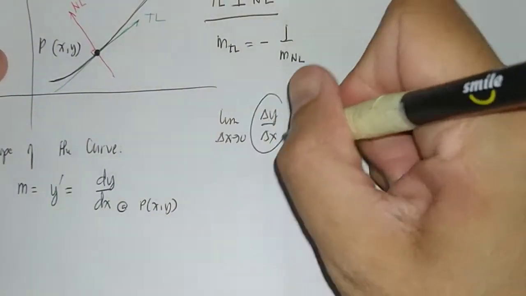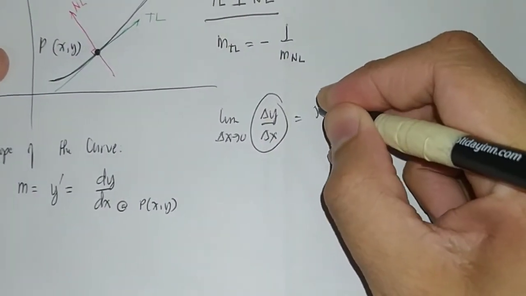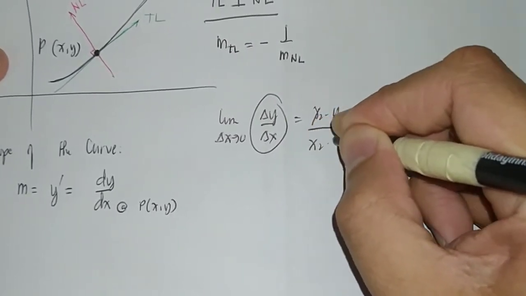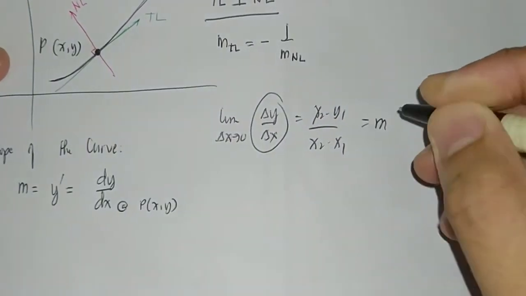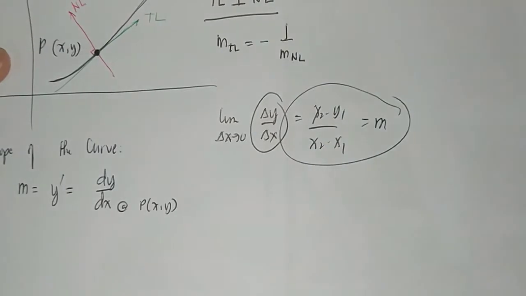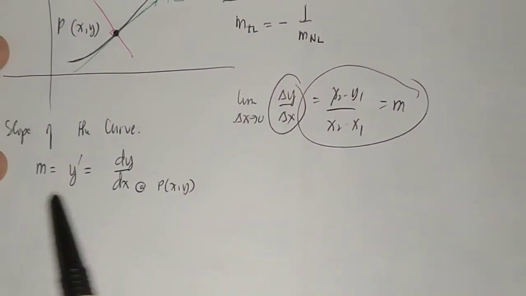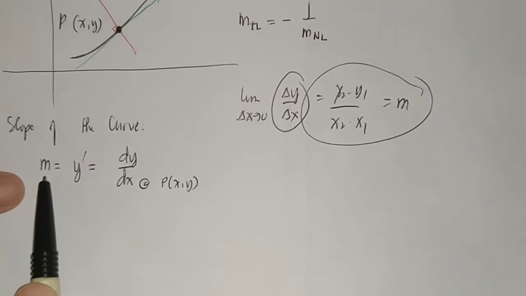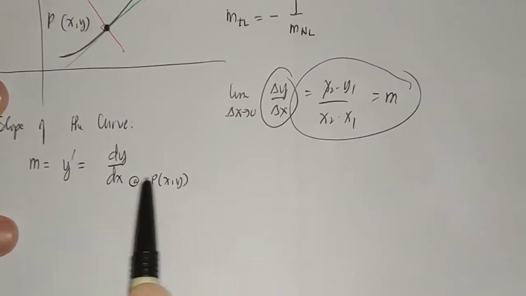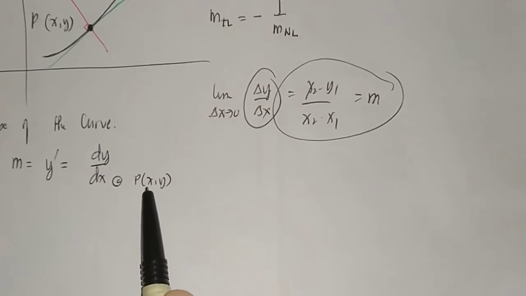Since delta y over delta x is y sub 2 minus y sub 1 over x sub 2 minus x sub 1, which is the formula for finding the slope of a given line, we can represent the slope as the first derivative at that particular point of tangency x comma y.